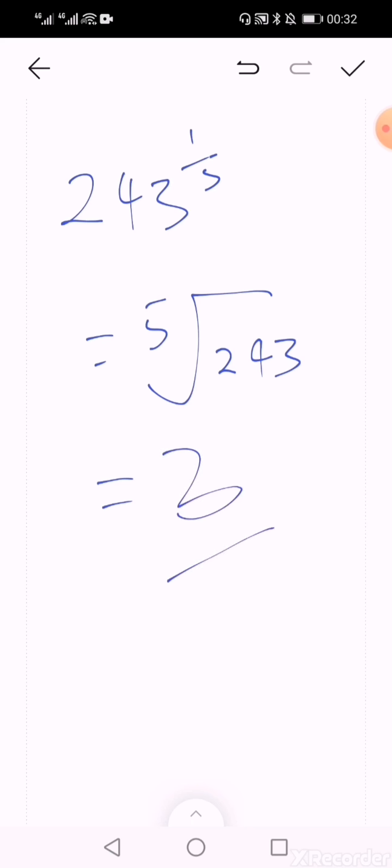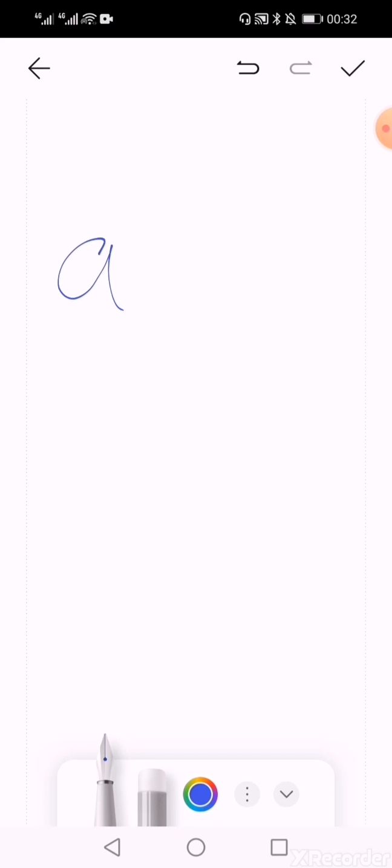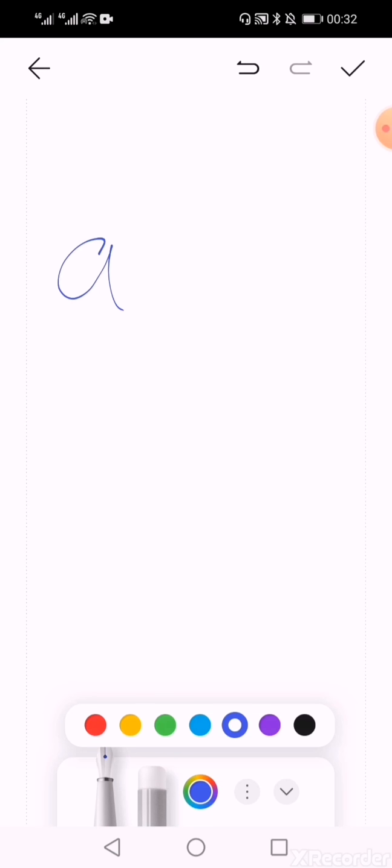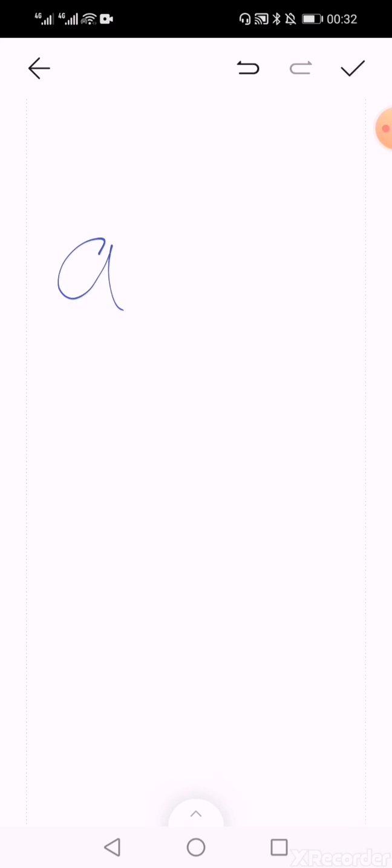Okay, so now I want us to look at more about fractional indices. So let's consider an example. If we have a to the power 3 over 4, what does this mean?